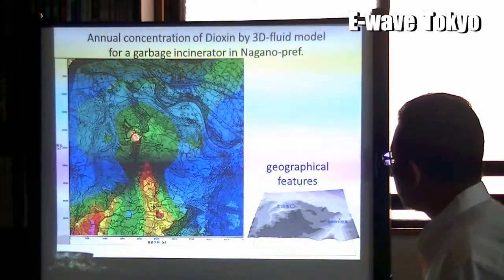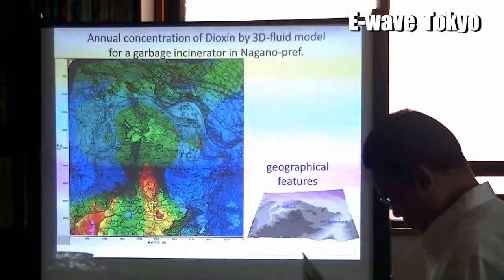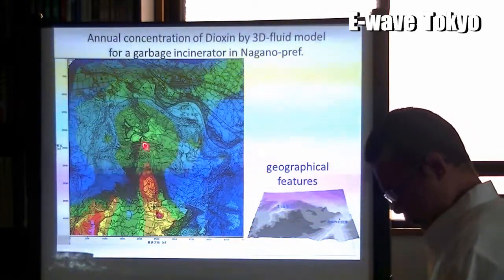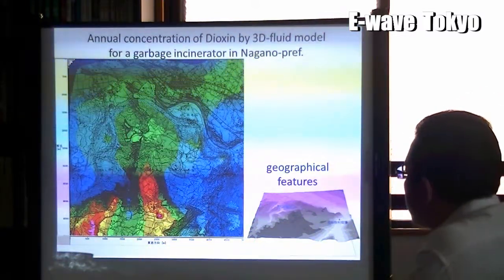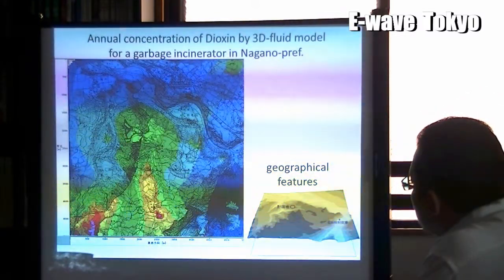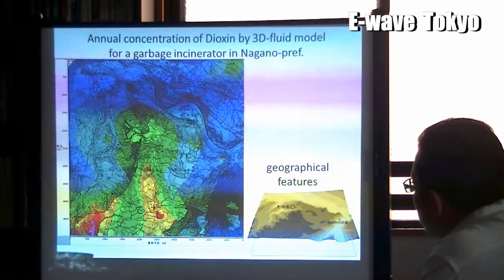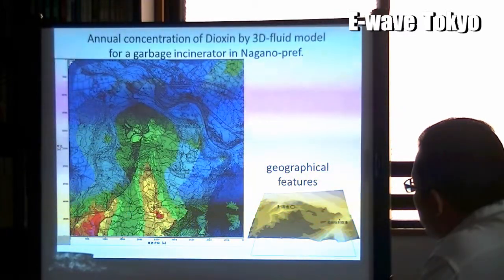Air pollution just went down to this place. So the village didn't want to have this incinerator installed, and the village municipality asked us for help.